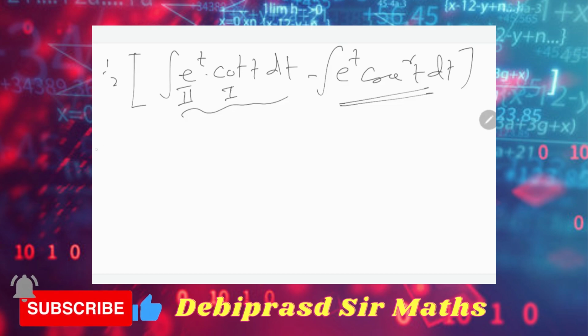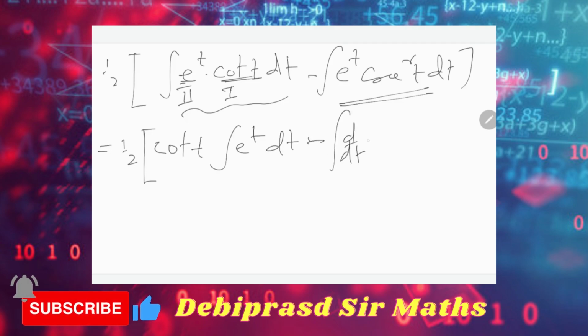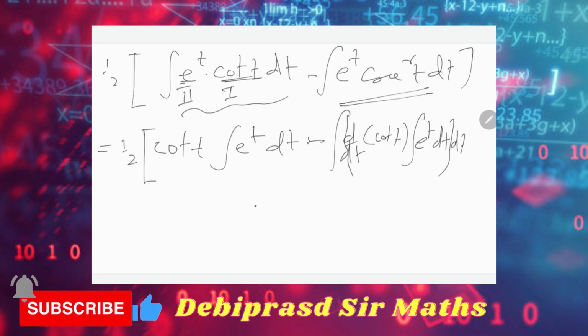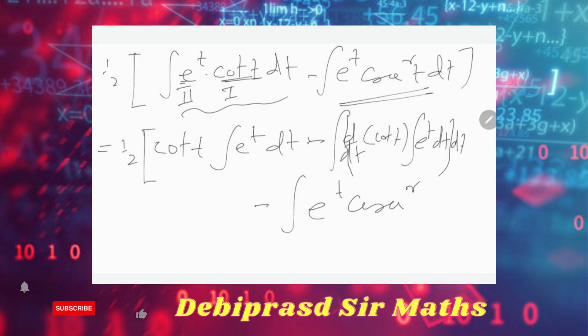Now I will change 1 by 2. This is the first function, this is the second function. So what will I write? Cot t e to the power t dt minus integration of d dt of cot t times integration of e to the power t dt, then dt minus e to the power t cos square t dt.